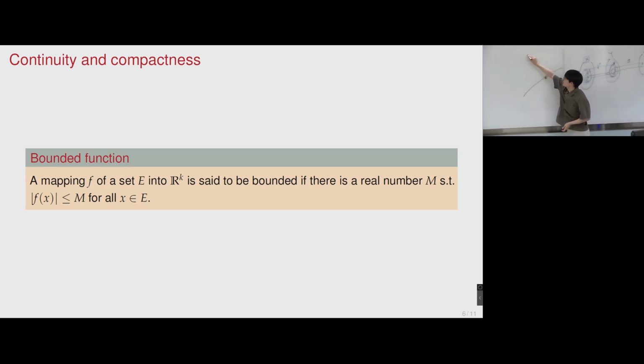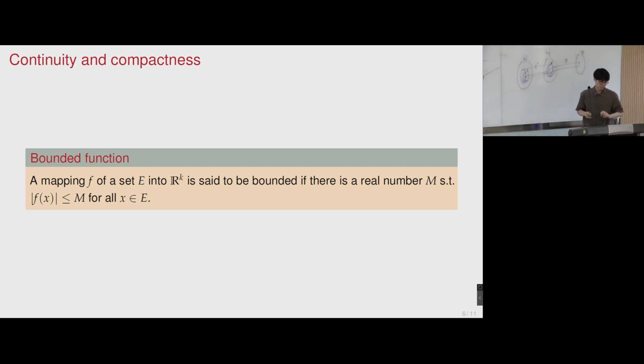Let's say the function is going like this, and you can get some M value here. If this function does not go over it, and if M is finite, we say the function is bounded. More intuitive, right? And that's in a more rigorous notation here. We say that a function is bounded if there is some real number M such that the absolute value of f(x) is smaller than this.